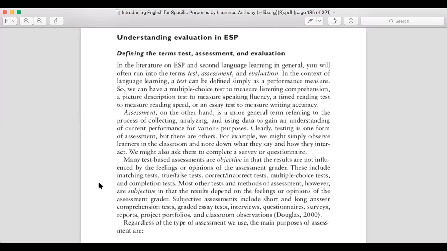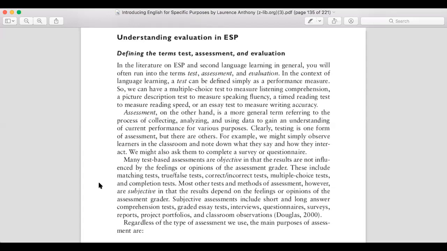Now, these subjective tests might be influenced by the opinion, feelings, experience, and knowledge of the grader, the teacher, the instructor, or examiner, whoever is grading you. Subjective tests are basically detailed tests. They do not have one correct answer, like objective tests have just one correct answer.